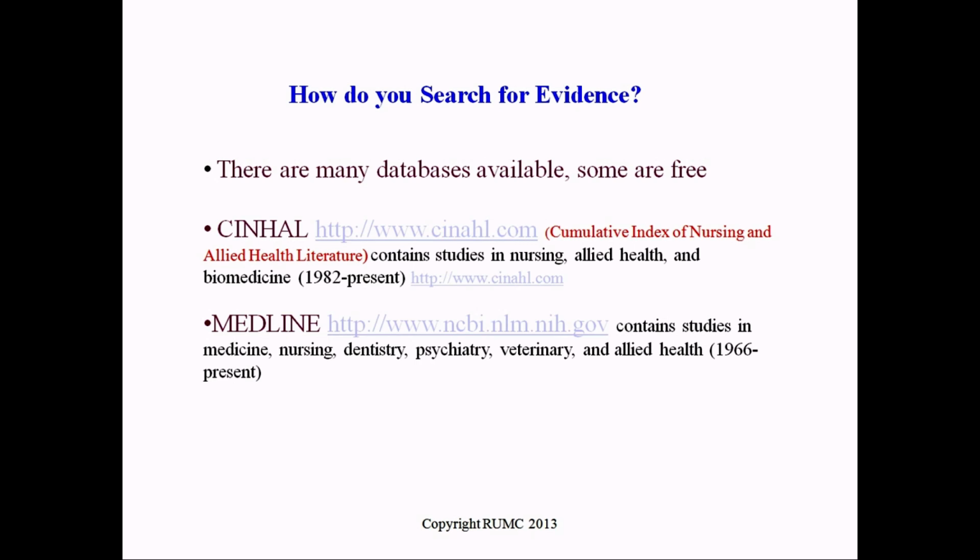The CINAHL is the Cumulative Index of Nursing and Allied Health Literature. It contains a lot of the nursing and allied health resources and articles, as the name suggests. Medline is a government database that is a little more widespread in the fact that it contains medical, nursing, dentistry, psychiatry, and even veterinary and allied health resources.